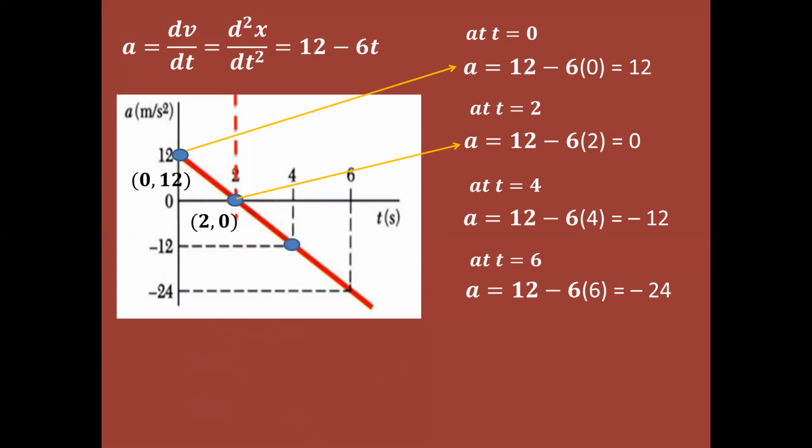The third one, using the time of 4 seconds, we have calculated the value of our acceleration as negative 12. That's why we have our coordinates as 4 and negative 12. For our fourth coordinate, time of 6 seconds is equal to negative 24. So our coordinates then are 6 and negative 24.